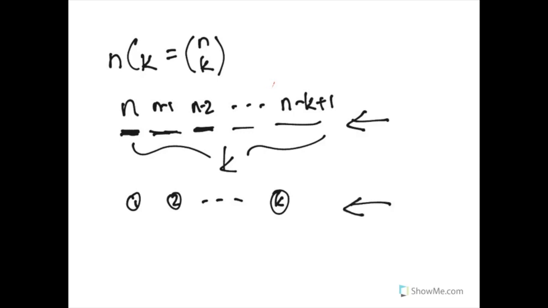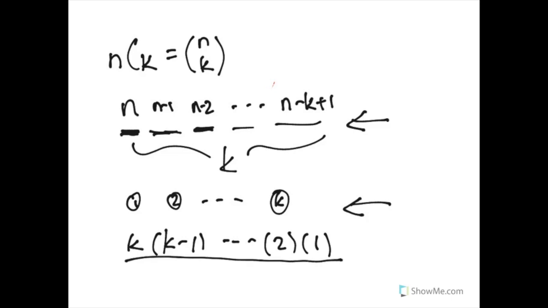And so how many ways are there to arrange k different objects? Well, there are k objects you can choose for the first slot, and then there are k minus 1 objects we can choose for the second slot, and so on, all the way down to 2 objects for the second last slot, and only 1 object left for the last slot. So this gives the number of ways we can arrange k objects in a row.